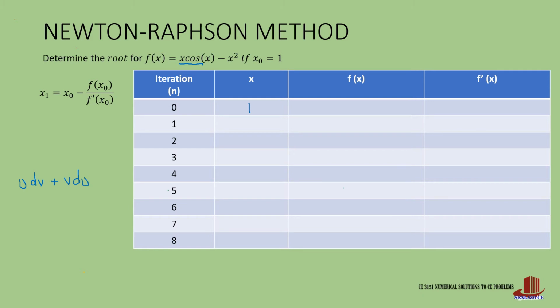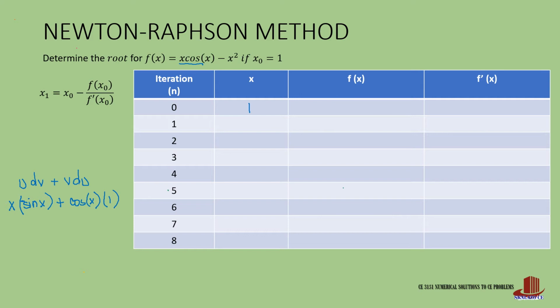Thus, we can take x, derivative of cosine x would be sine x, and that's negative, plus cosine of x, derivative of x would be 1.